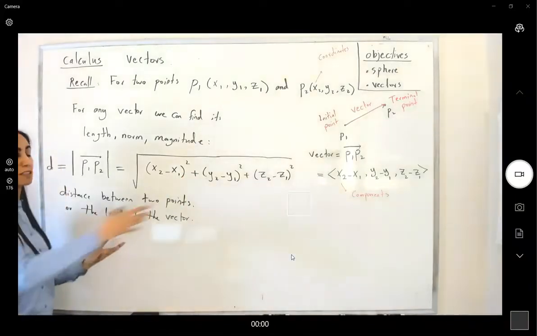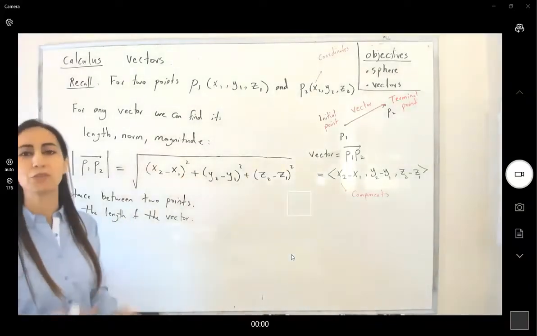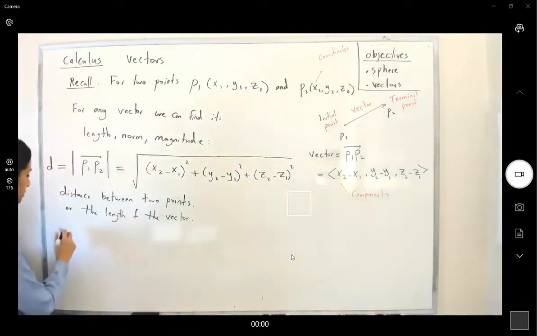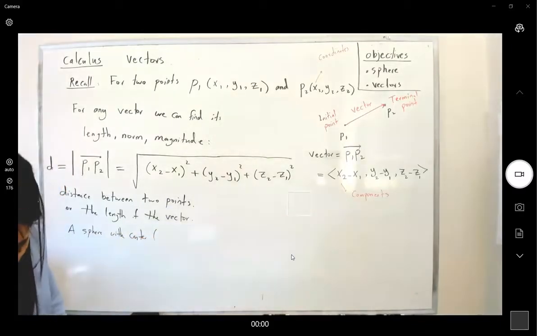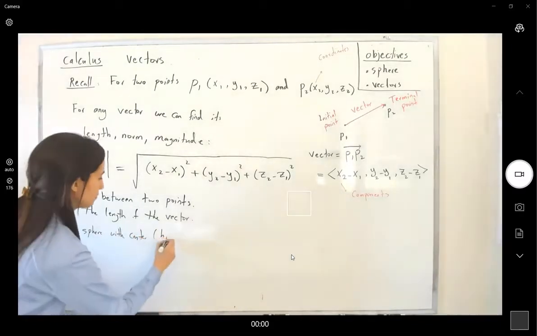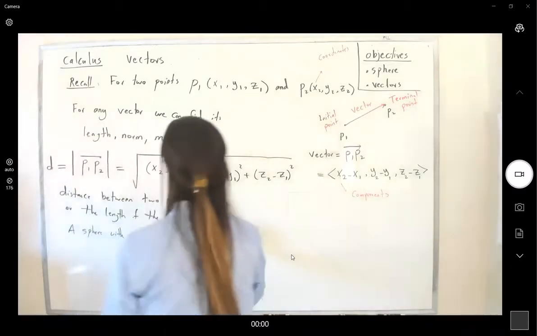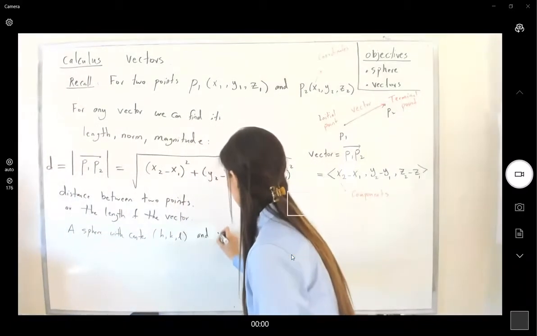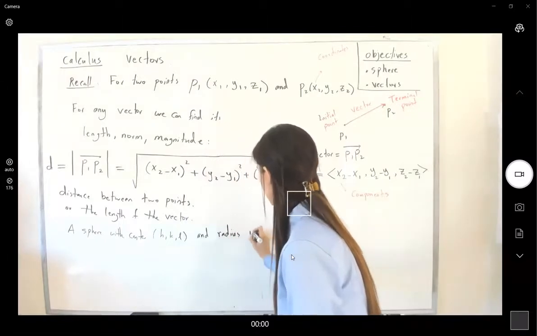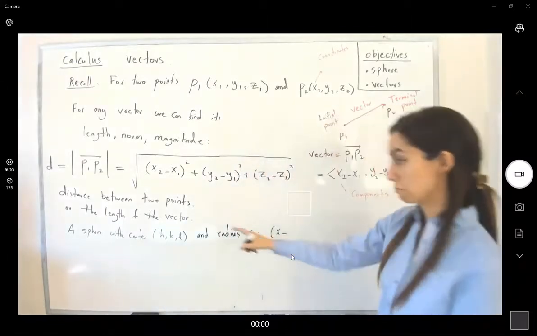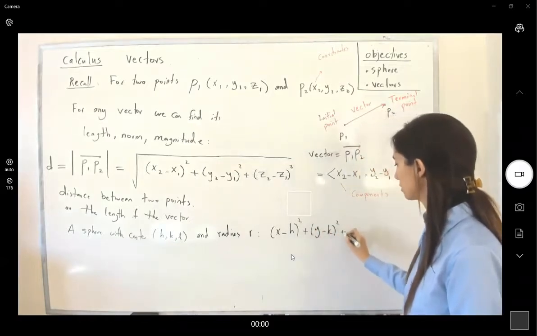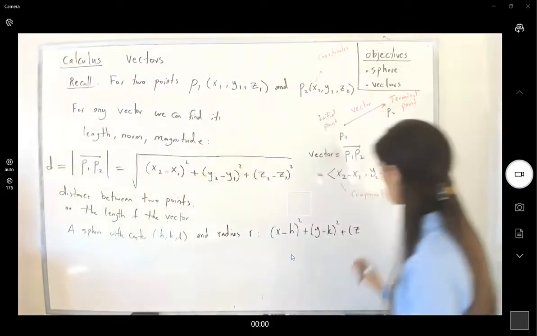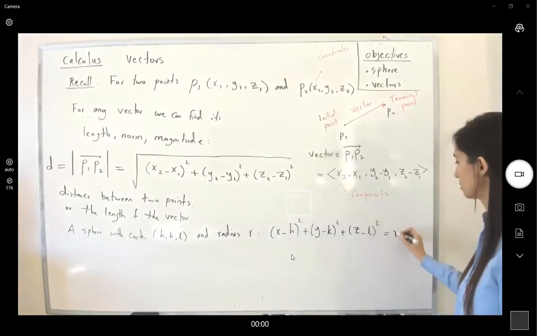So we use the definition of the distance to write the equation of a sphere. A sphere with center, and what's the center? h, k, l, and radius R, can be written this way: x minus h squared plus y minus k squared plus z minus l squared equals R squared.